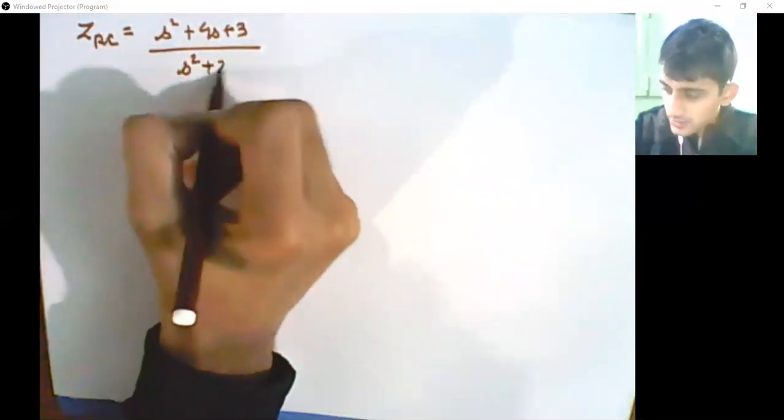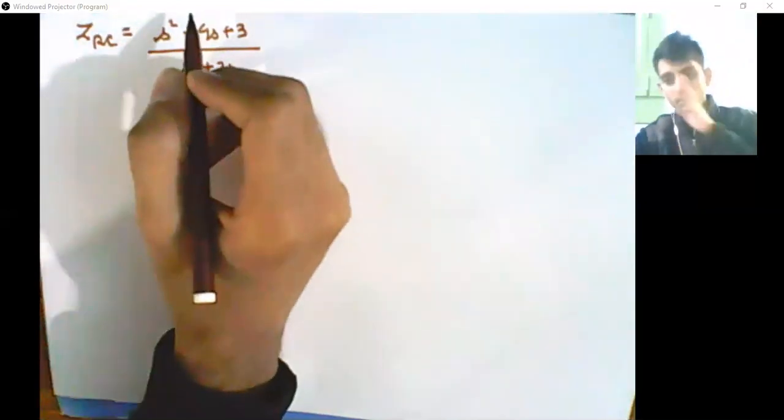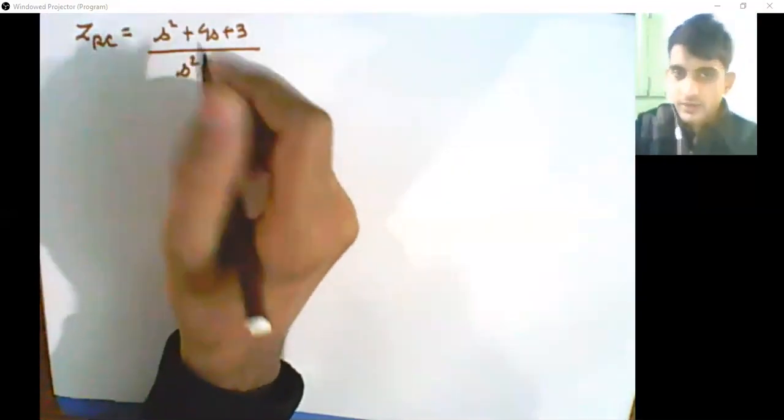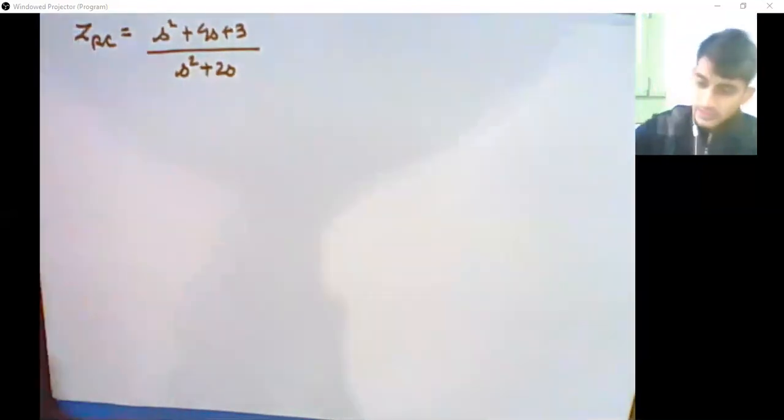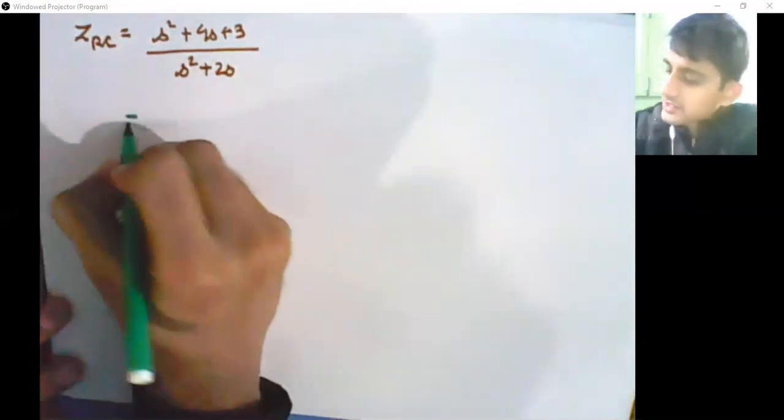Given ZRC is equal to, let me just quickly write that, it is s square plus 4s plus 3 upon s square plus 2s. Actually, I've taken the multiplication of numerator and denominator separately. Fine. But in this, what we are interested in is the lowest power.